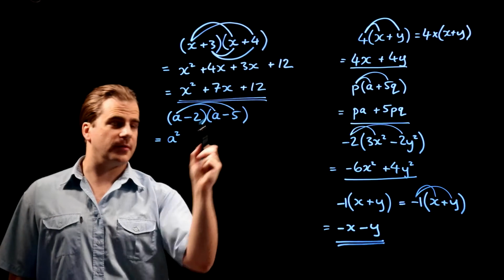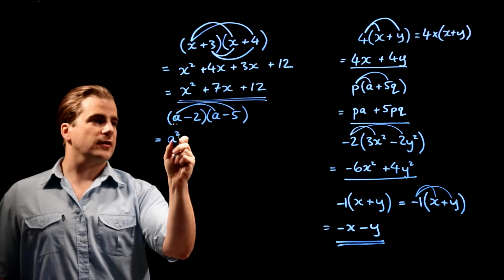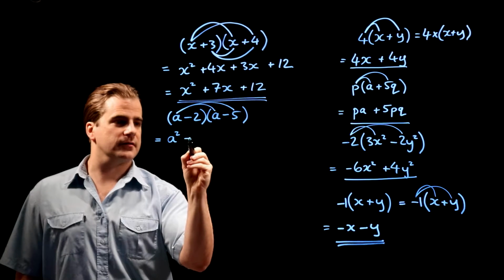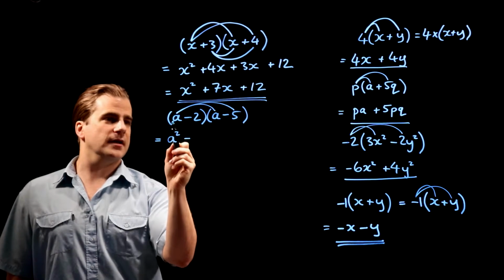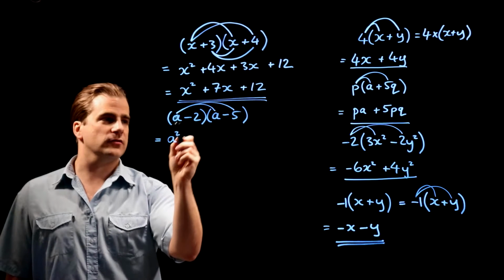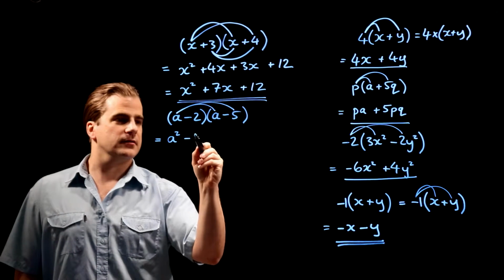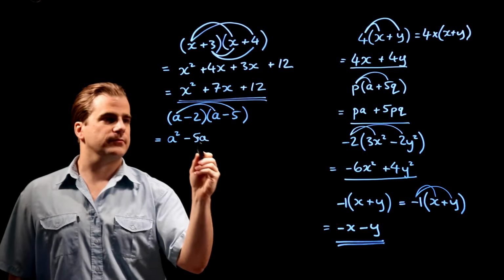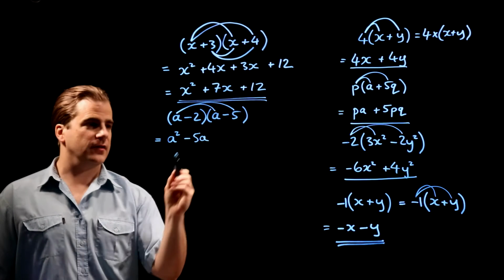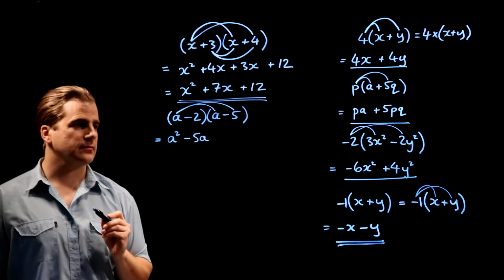Don't forget that minus belongs to the 5. So it's plus times a minus, which is a minus. And it's 1a if you like. So 1 times 5 is 5. a times minus 5 is minus 5a.